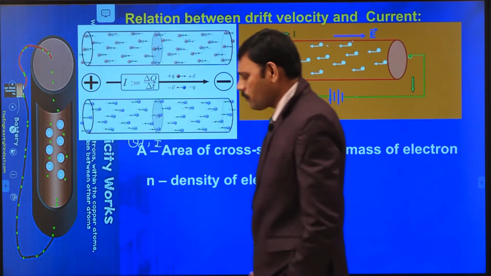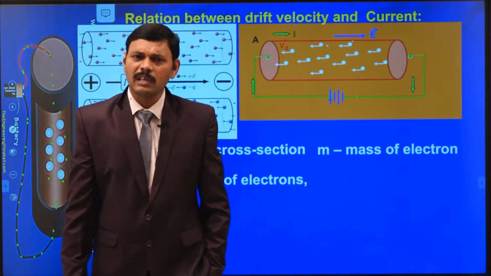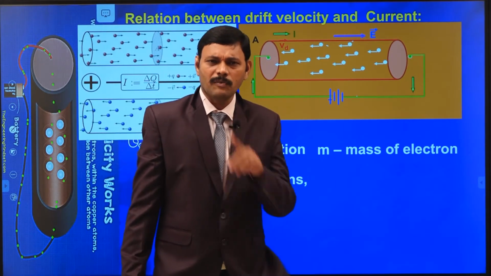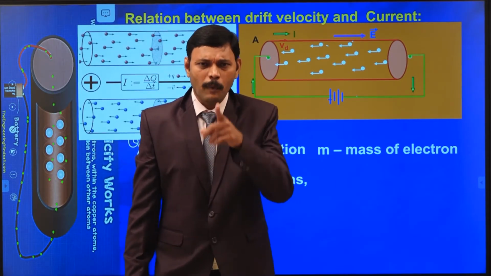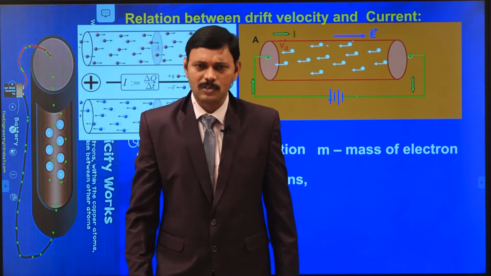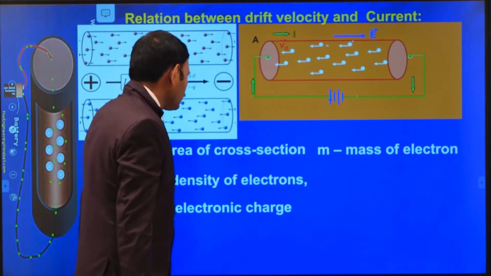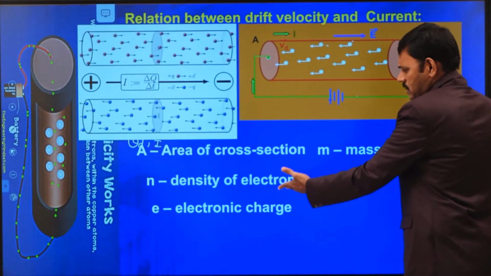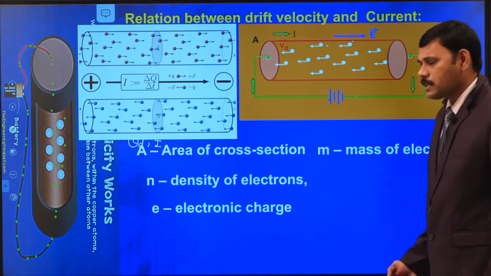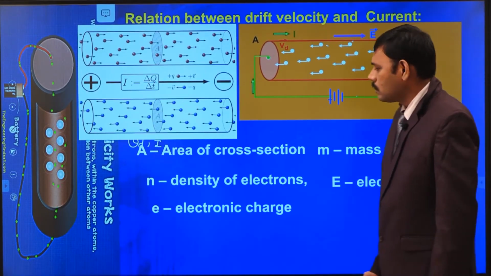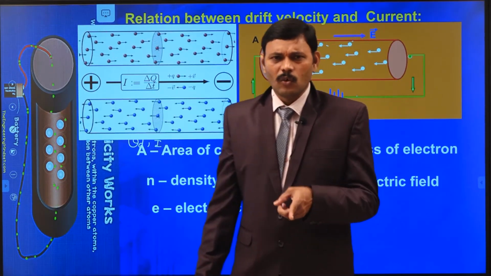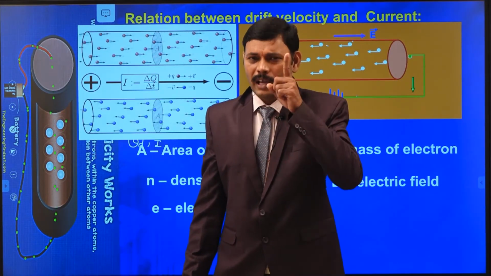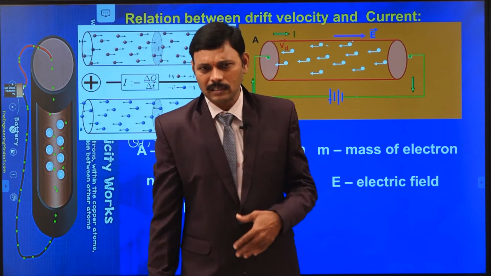And m is the mass of electron. We know that this is a very well known constant for us. Mass of electron is constant, that is 9.1 into 10 power minus 31 kg. And the next one is the charge of electron. e is the charge of electron. We know that 1.6 into 10 power minus 19 coulomb is the charge of electron. To have drift velocity, we must apply an electric field between the ends of the conductor.